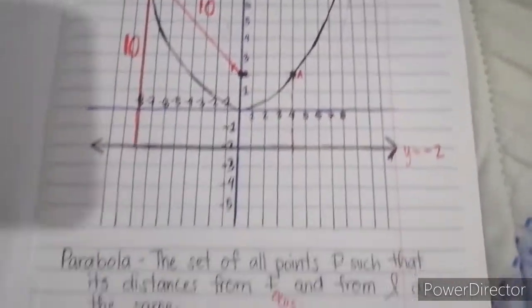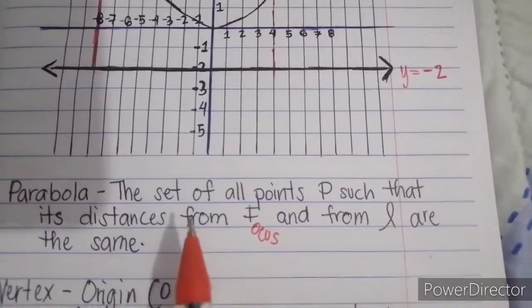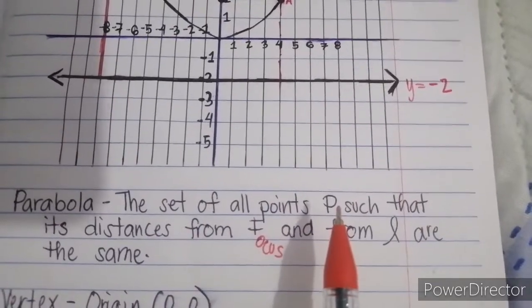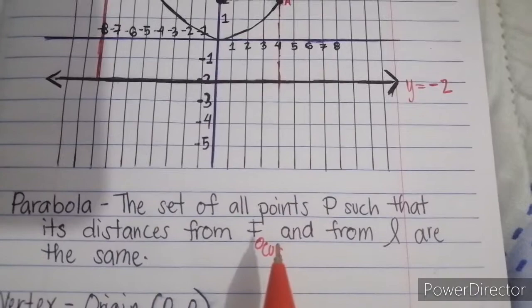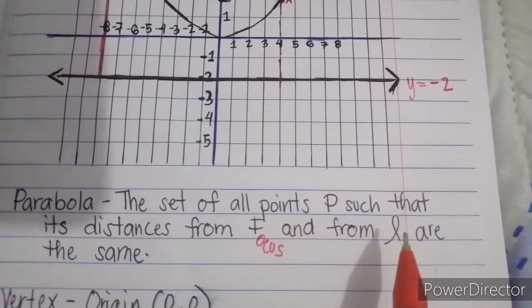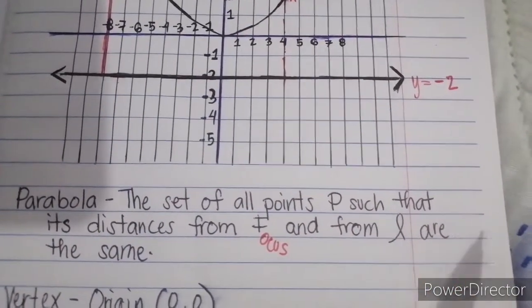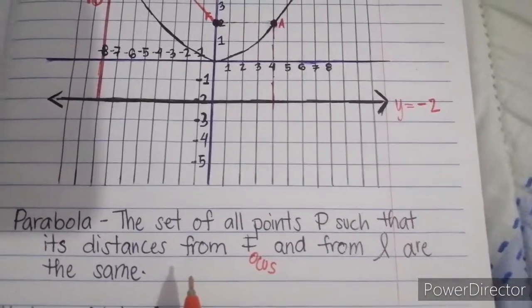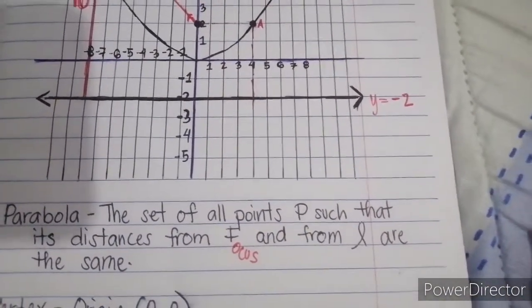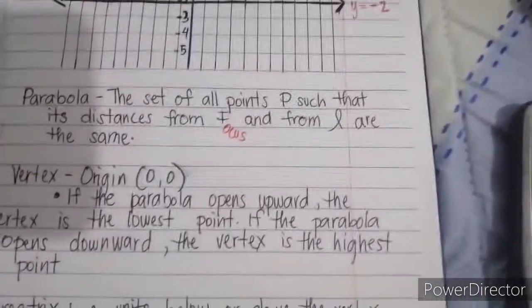So again, a parabola is the set of all points P such that its distances from the focus and from L, our directrix, are the same. And we must not forget our vertex.